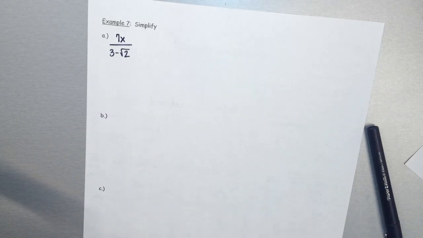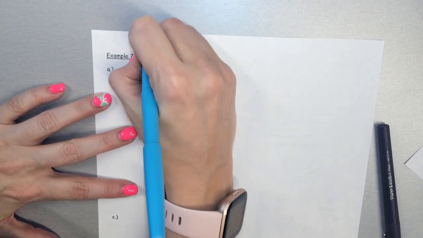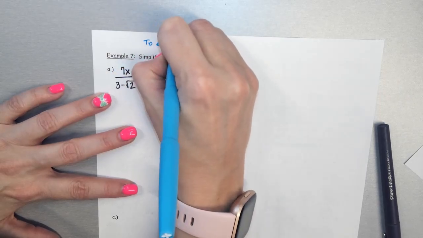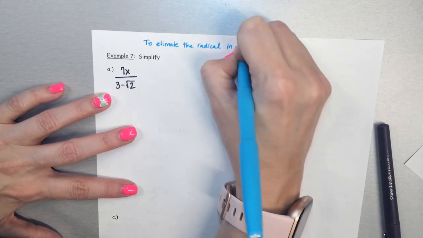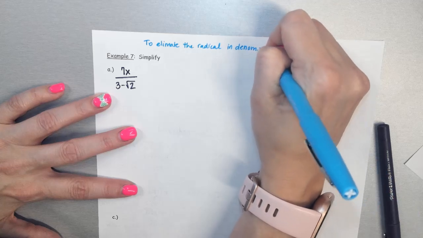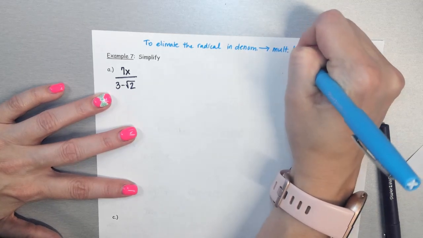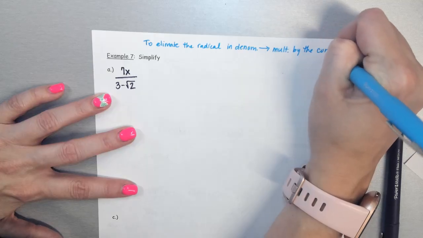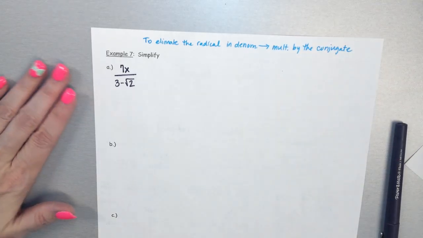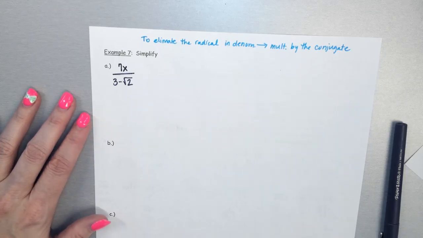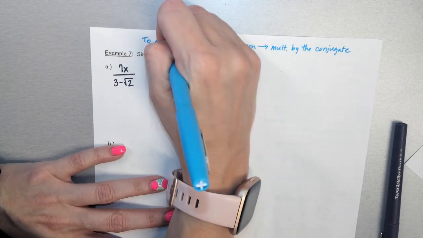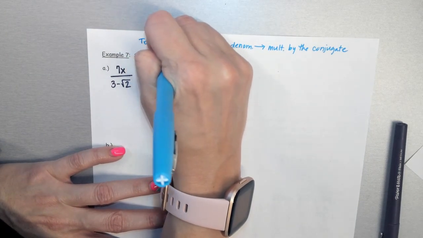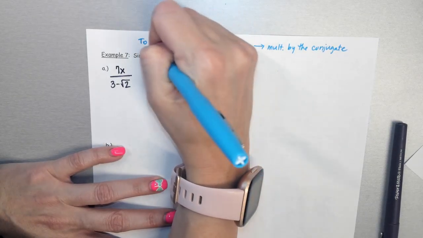Okay, so our goal is to eliminate the radical. I did not even spell eliminate right. Eliminate. There we go.